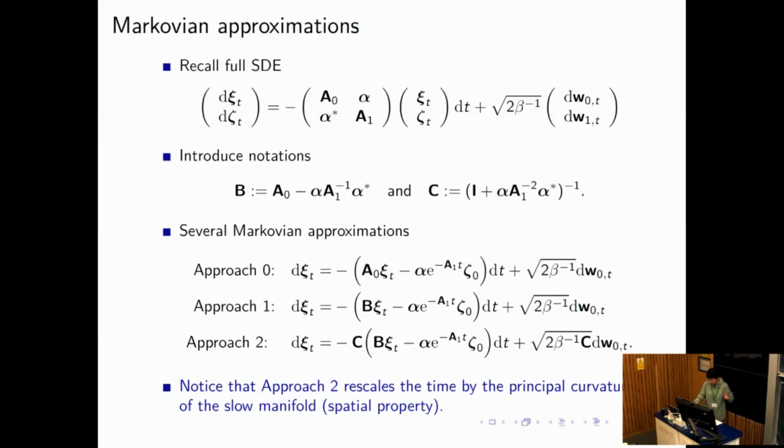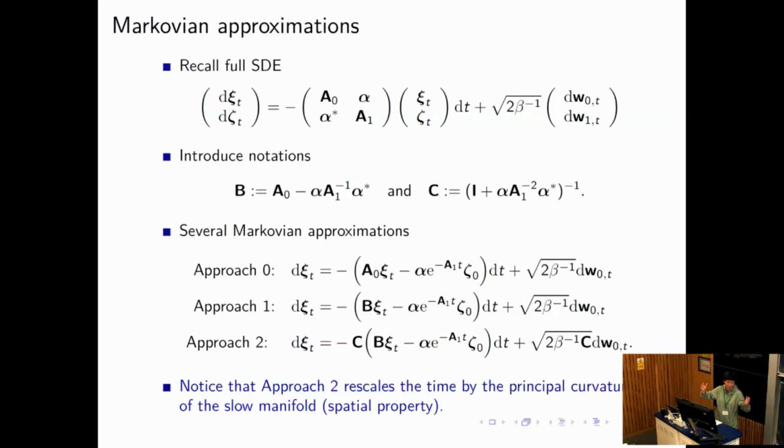And notice that after we derived approach two, Tom noticed that approach two is actually equivalent to rescaling the time by the principal curvatures of the slow manifold. Because originally, if you have 40 particles in a system, your energy landscape is very rough. Therefore, everything scales slowly in order to have something interesting happen.